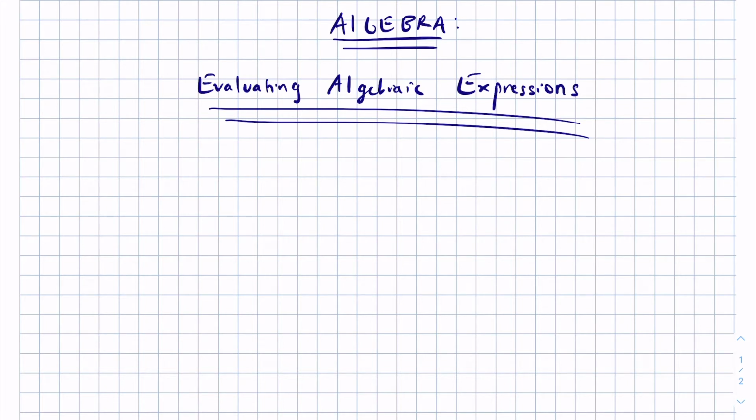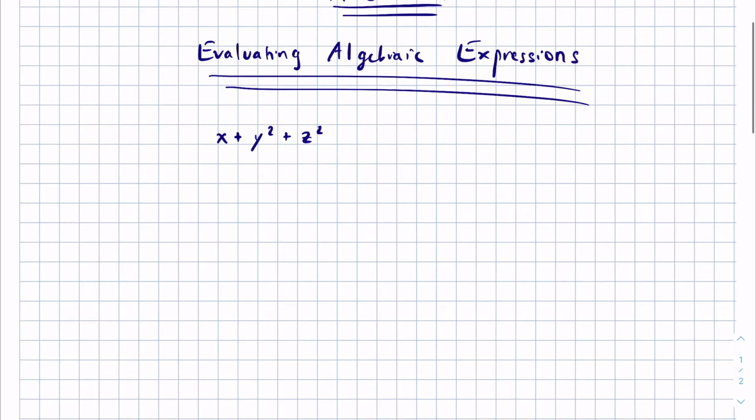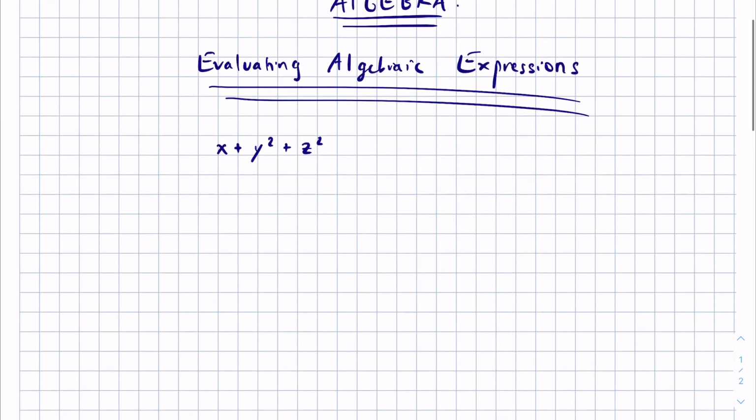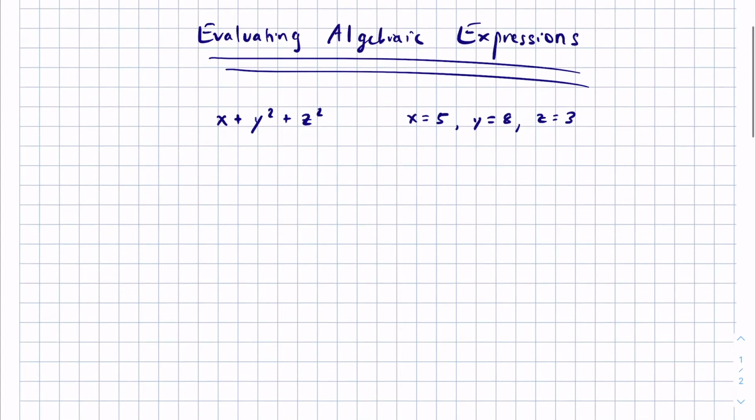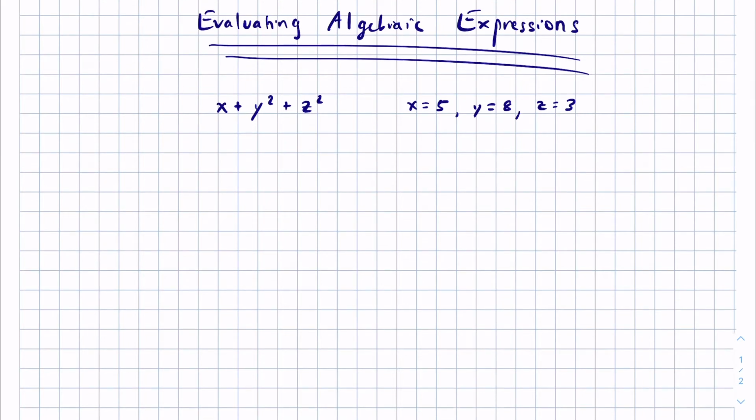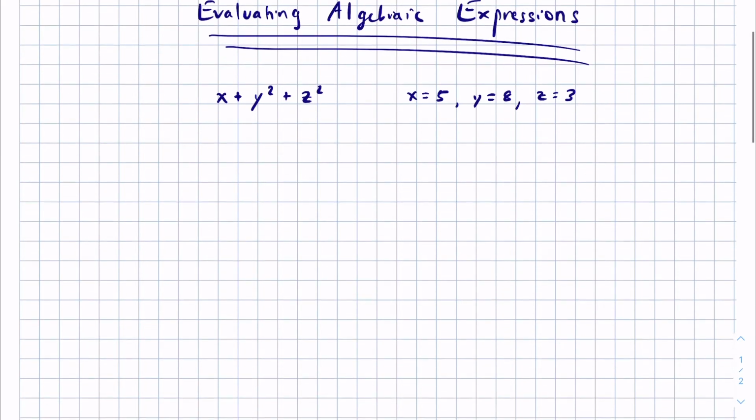If we have an expression such as x plus y squared plus z squared, we know that each letter corresponds to a number. So if we took x to be equal to 5, y to be equal to 8, and z to be equal to 3, we can rewrite the original expression as 5 plus 8 squared plus 3 squared.